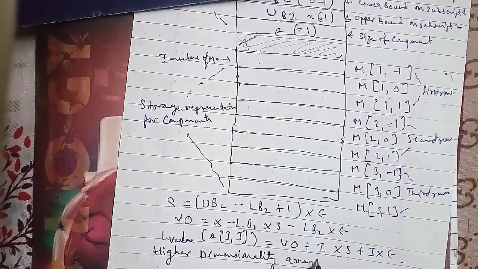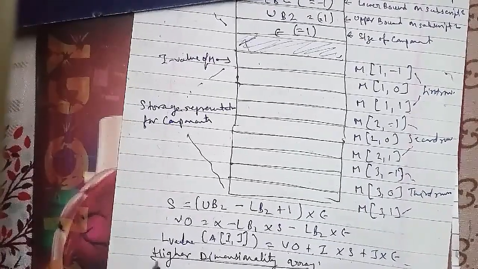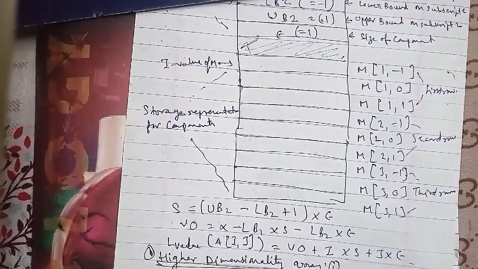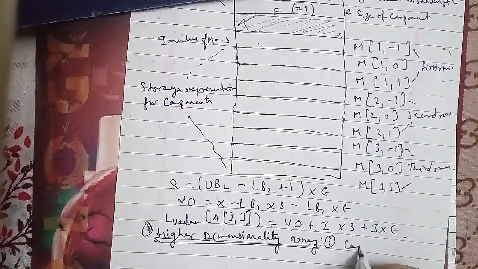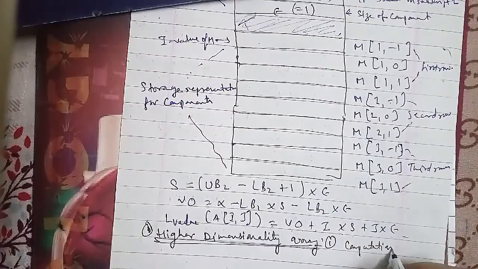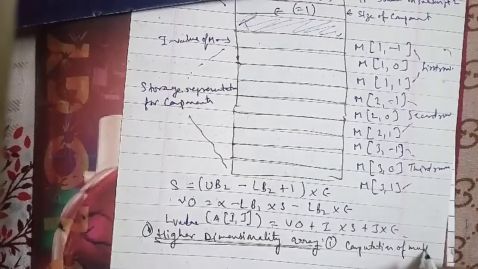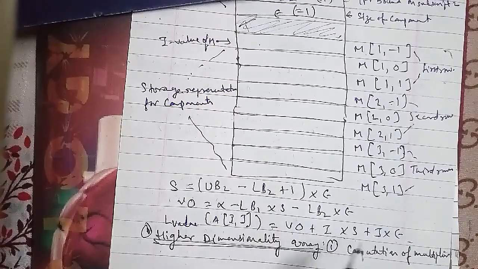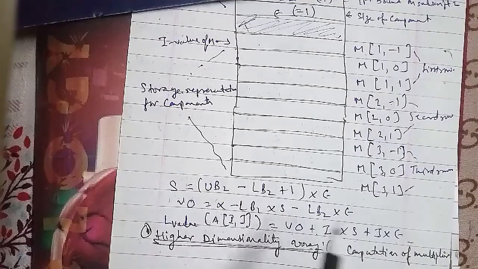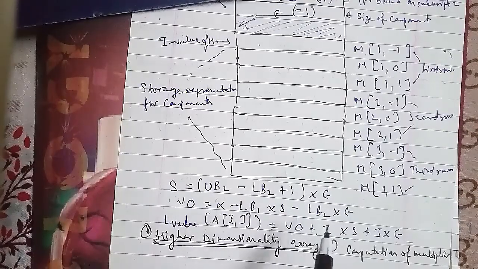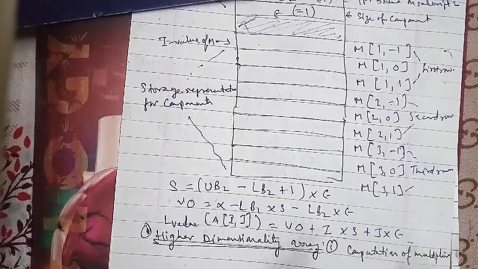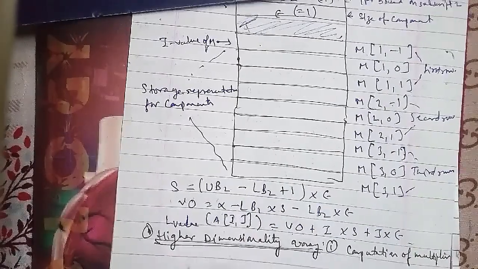In this, each multiplier, that is m of j, is computed as follows: we start with mn equals e, and for each I equals n minus 1 down to 1, we compute m of I equals upper bound I plus 1 minus lower bound I plus 1 plus 1, multiplied by m I plus 1. And next we have the computation of the virtual origin here.